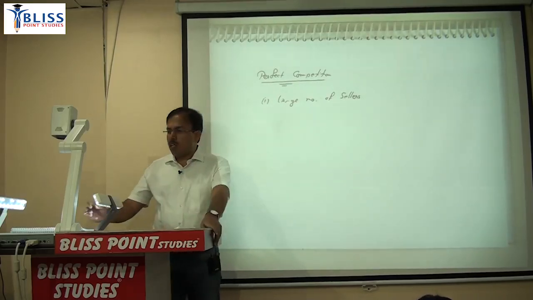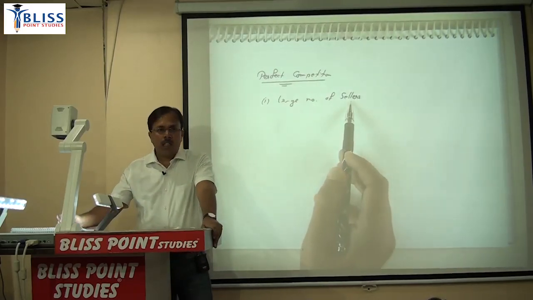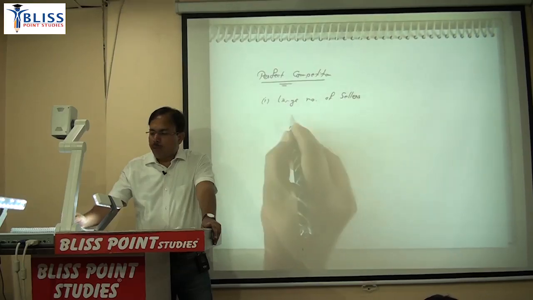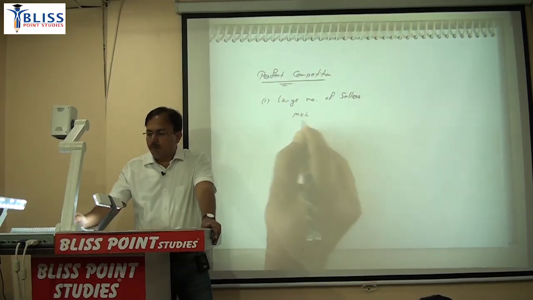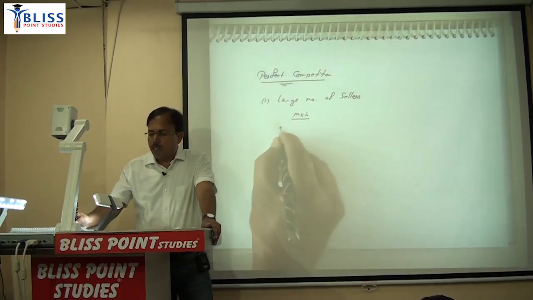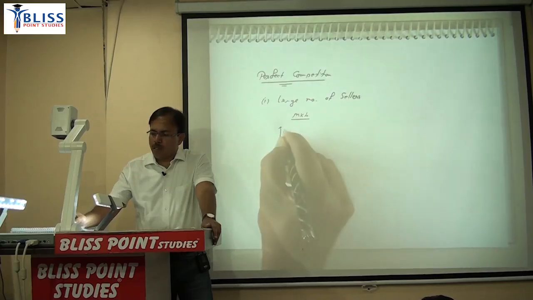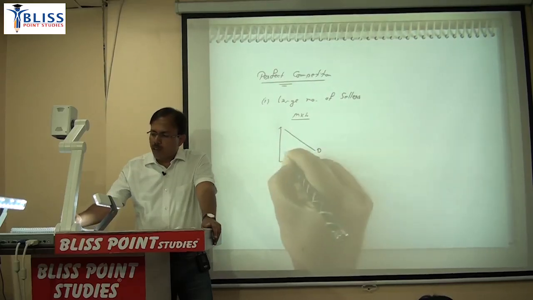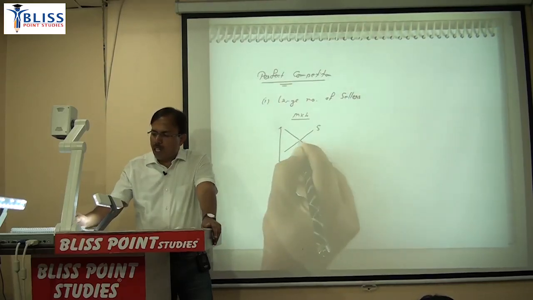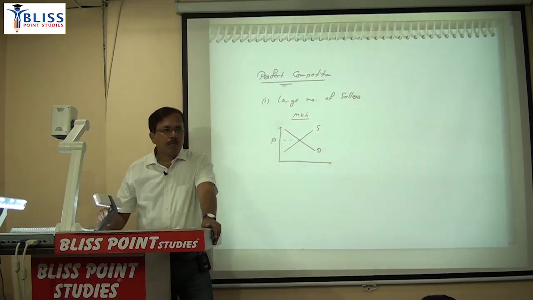So if there are large number of sellers in the market, then one individual firm does not have any control over the market price. So who determines the market price then? Market price is determined by the market forces, and market forces means demand and supply forces. So market demand and market supply, that will determine the price.